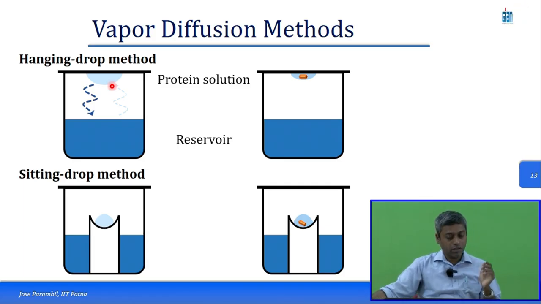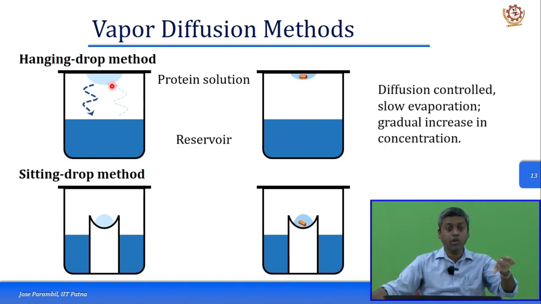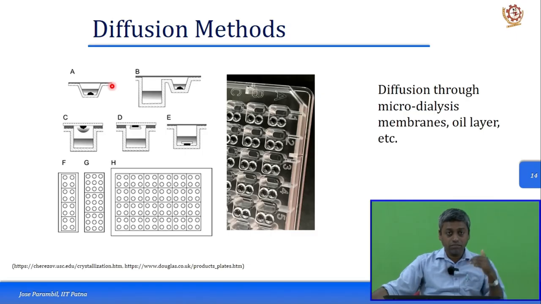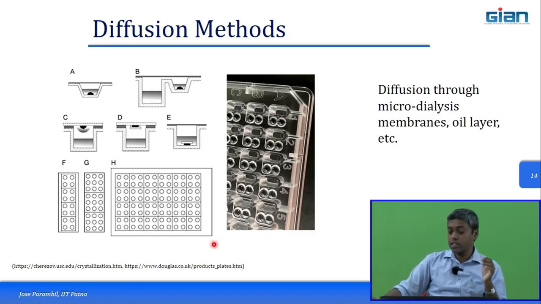So that is one of the conventional and most reliable protocols often used for screening various conditions for protein crystallization. And in order to make it scalable, or to make sure it can be automated and so on, we will see there are different types of wells. That is why I said we'll come to the well structure later on.